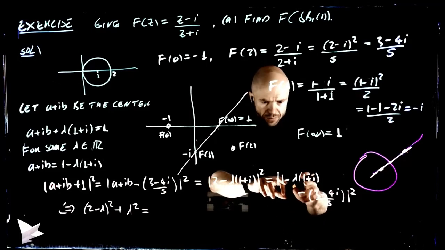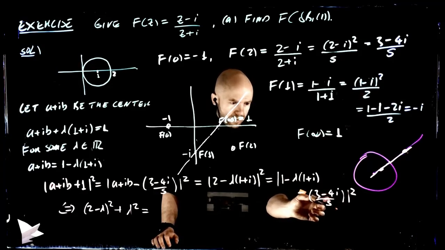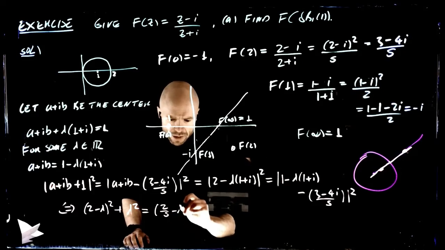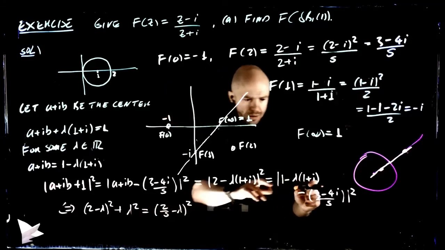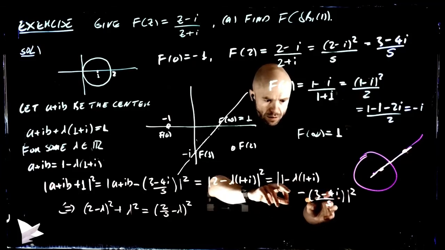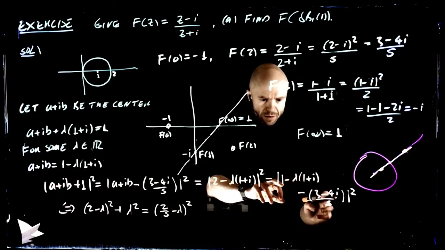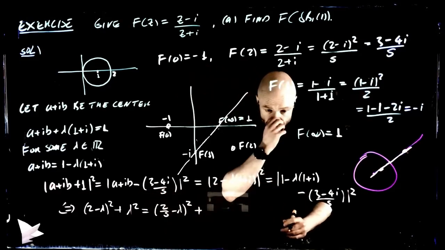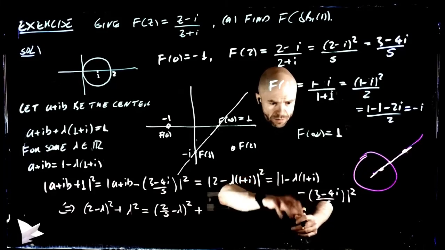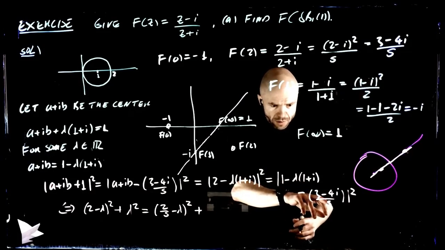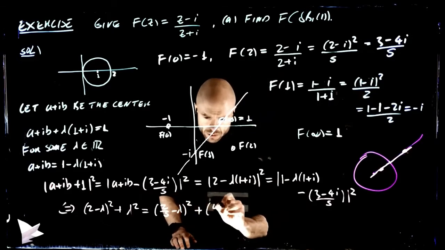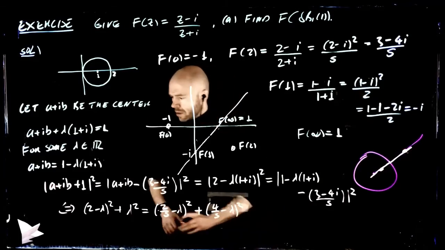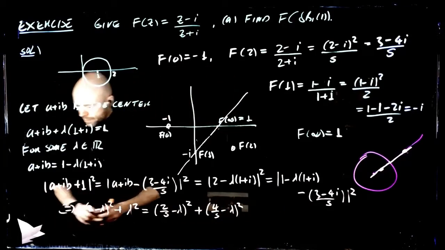So then we're going to have 2 over 5 minus lambda squared like this, right? Because that's 5 over 5, and we're taking 1 lambda away. And then for the imaginary part, we are going to have 4 over 5, and then minus lambda, right? Squared, let's check. Yep, that looks good.